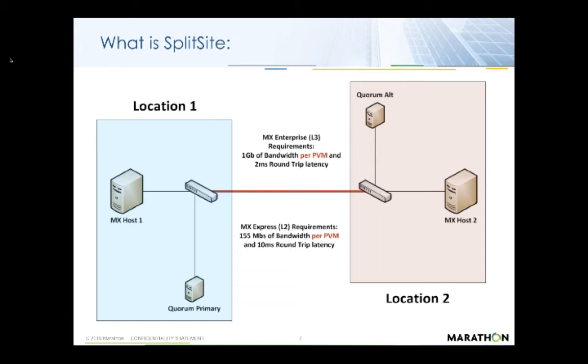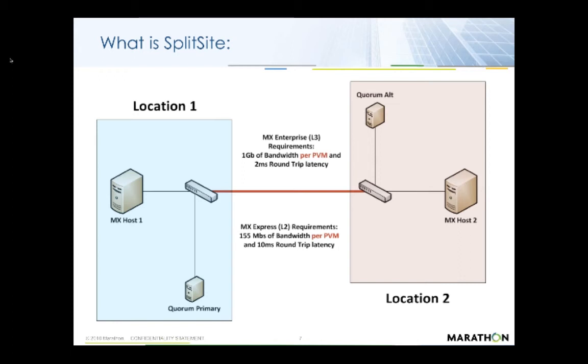If you don't have a quorum service set up and the link between the two MX hosts is cut, you could potentially wind up with a split brain situation where you have updates being made to one host, updates being made to another host, and there's no synchronization there and no tracking of changes that have been made. That is what we refer to as a split brain scenario, and it's a catastrophic problem.